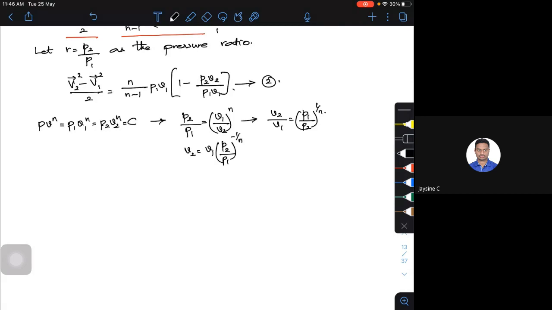I'm trying to reverse it. Or I can write V1 into R to the power of minus 1 by n.